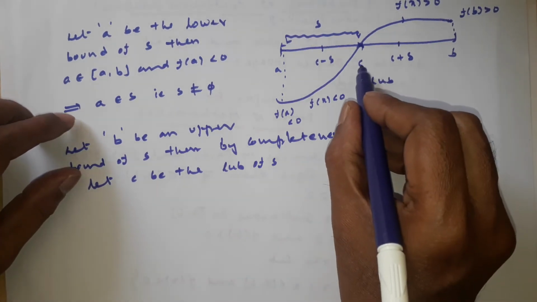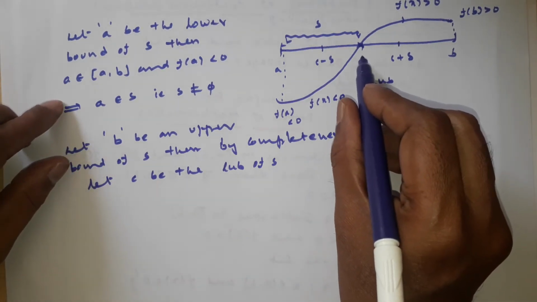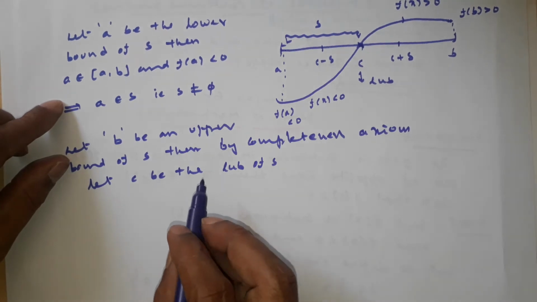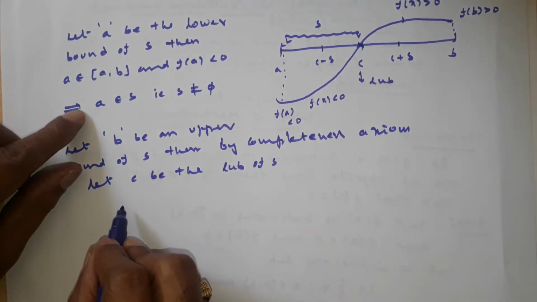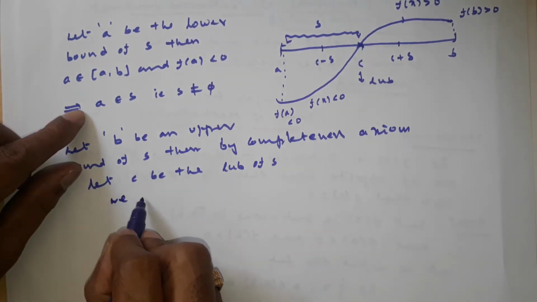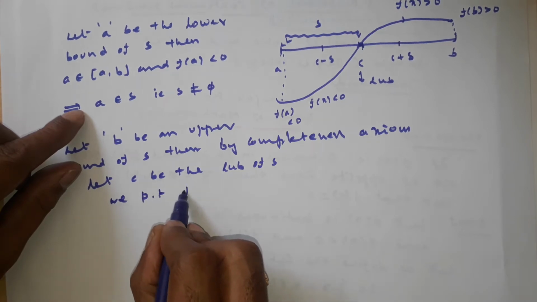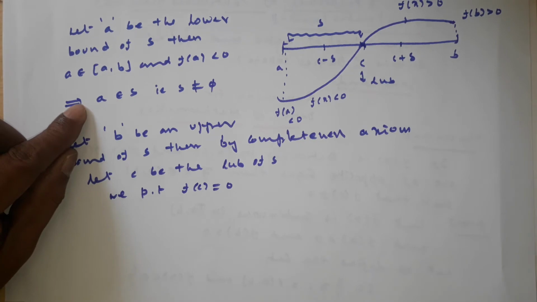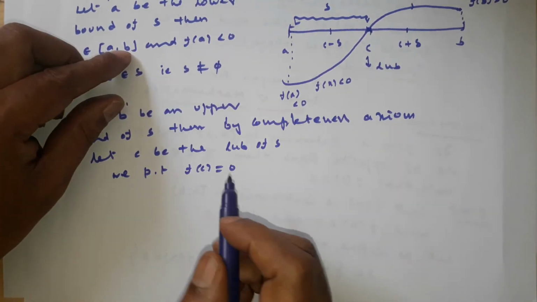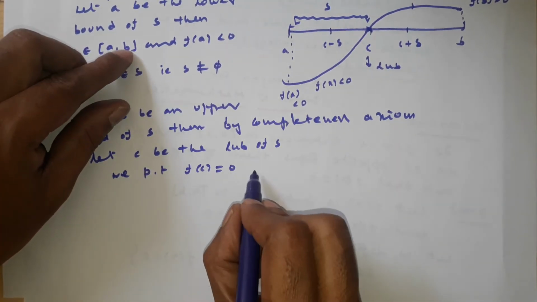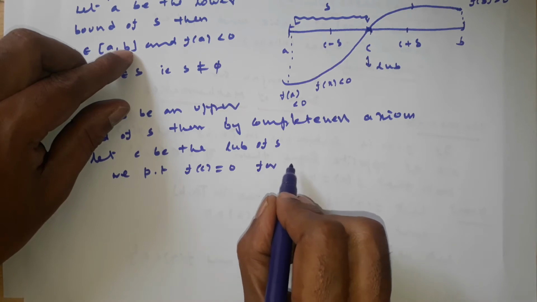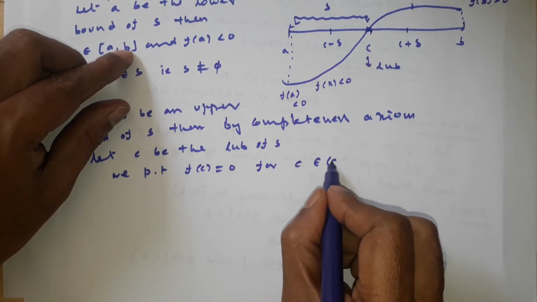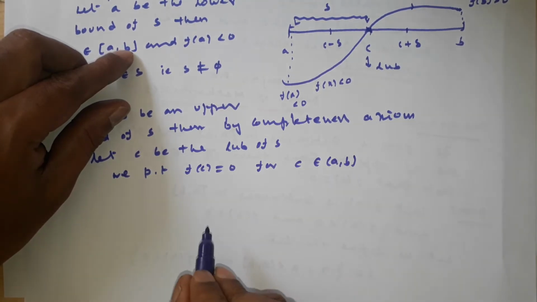Whenever c is the least upper bound, we should see that its functional value is 0. We prove that f of c is equal to 0, for c belongs to open interval a comma b.